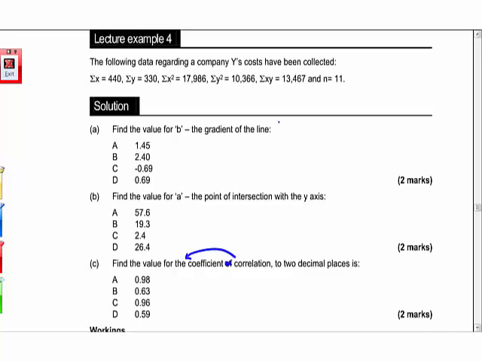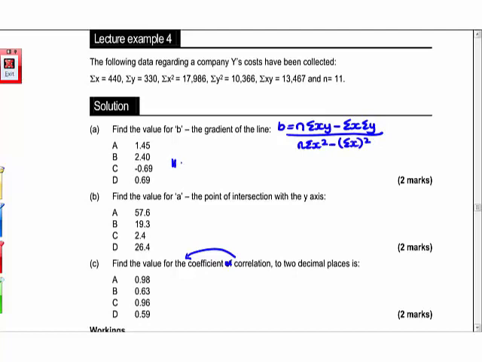So remember for B we're looking for n times the total of the xy column minus the total of the x column times the total of the y column, divided by n times the total of the x squared column minus the total of the x column squared.